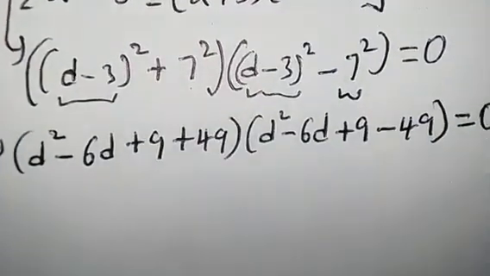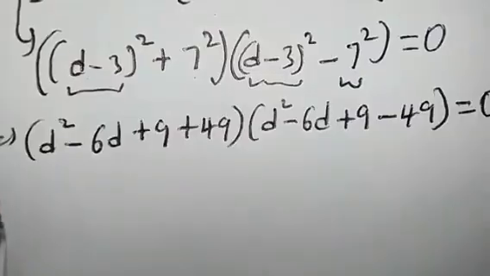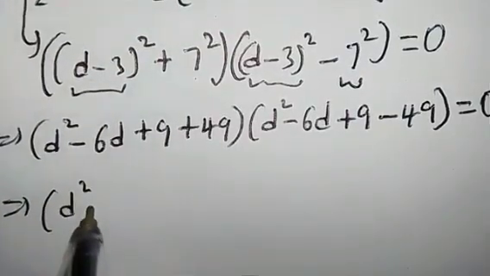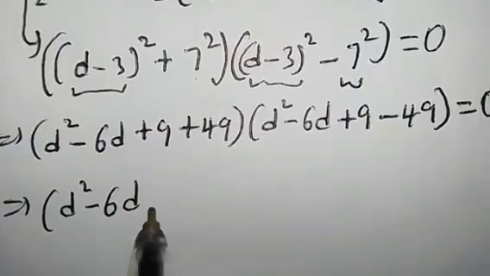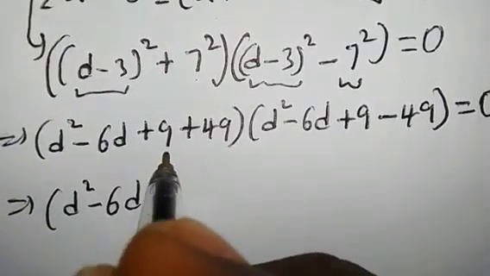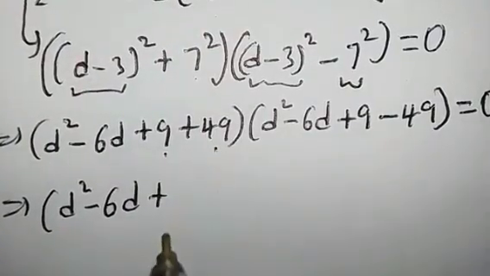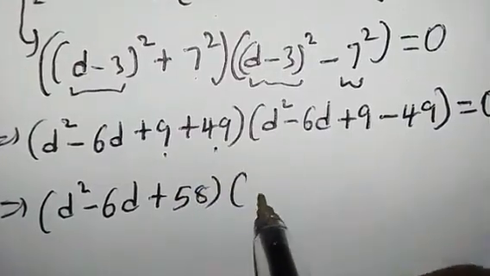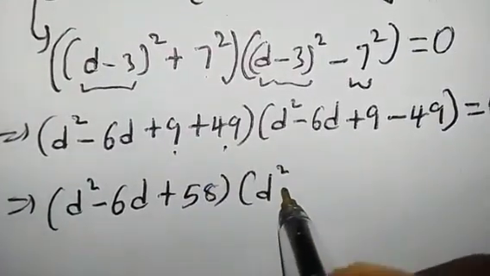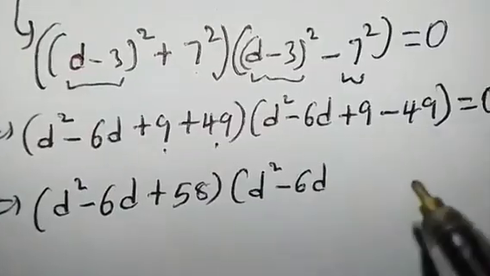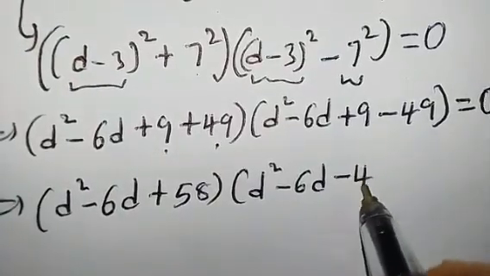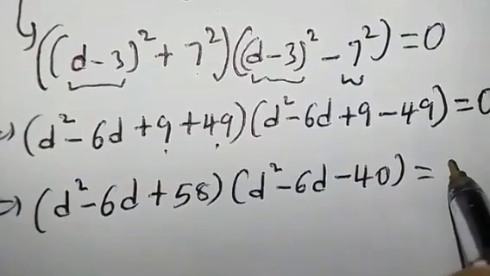Let's continue. This means that we have (d^2 − 6d + 9 + 49), that is 58, times (d^2 − 6d + 9 − 49), that is negative 40, equal to 0.